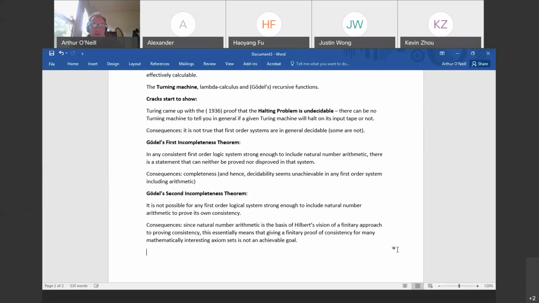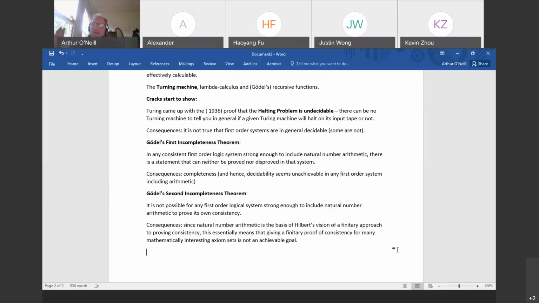The second incompleteness theorem says that not only that, you can't prove that you won't get contradictions from within arithmetic. You can't use arithmetic to prove that arithmetic itself is contradiction-free.